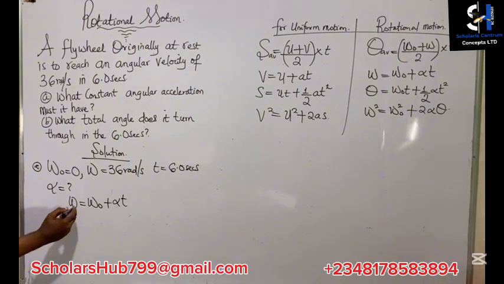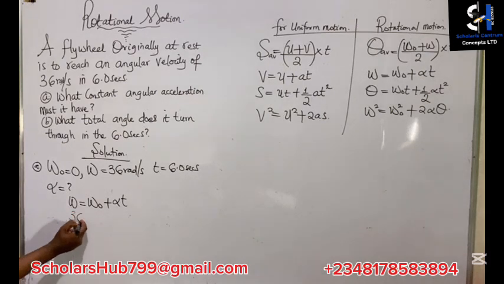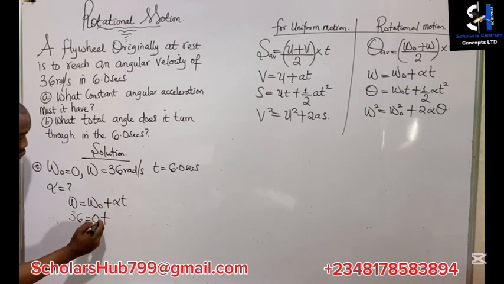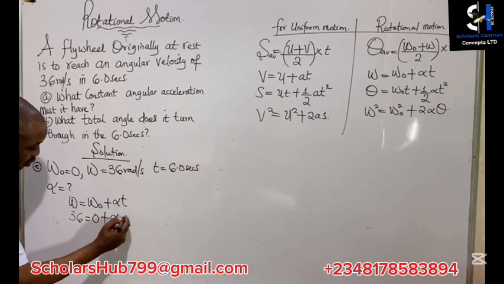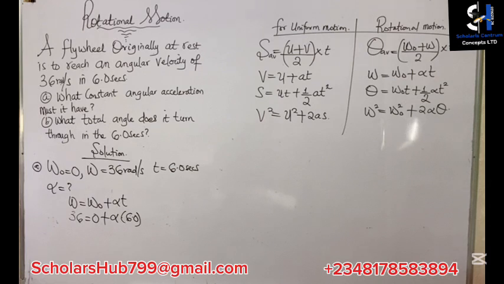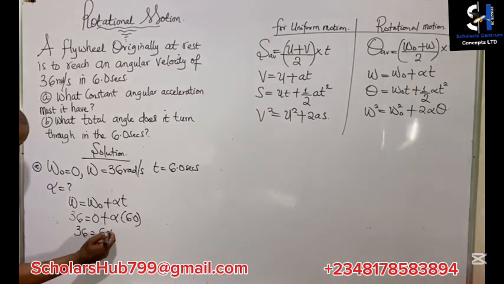Now let's plug in the values: 36 equals 0 plus the angular acceleration multiplied by 6.0. So 36 equals 6 alpha.